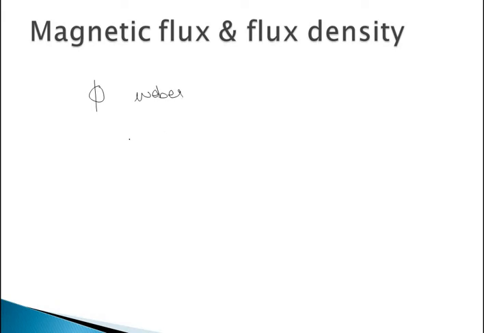So we can say 1 Weber is equal to 10 raised to 8 lines of force. And these lines of force are nothing but magnetic lines of force. So magnetic flux is the total number of lines of force present in the magnetic field, its symbol is phi, and unit is Weber.